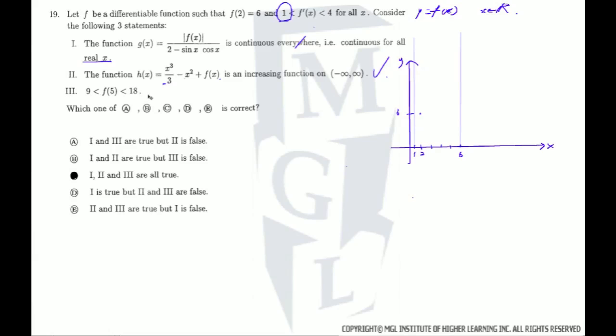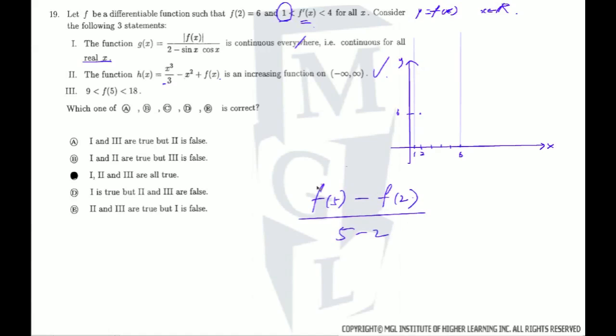Okay, to figure out the truth of this last statement, we have to use this definition right here. Okay, so it's sort of the mean value theorem. To find out what f(5) ranges from, right, f(2) is given. So I'm going to subtract 5 minus 2.